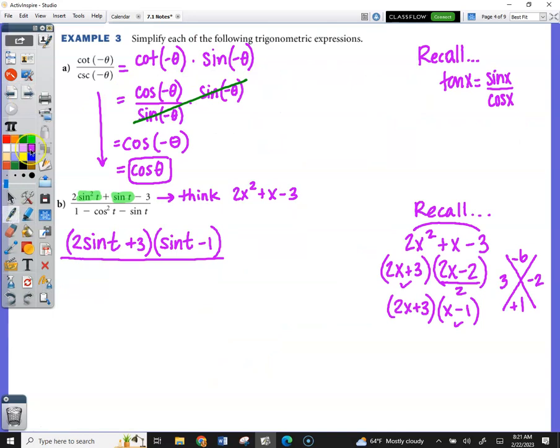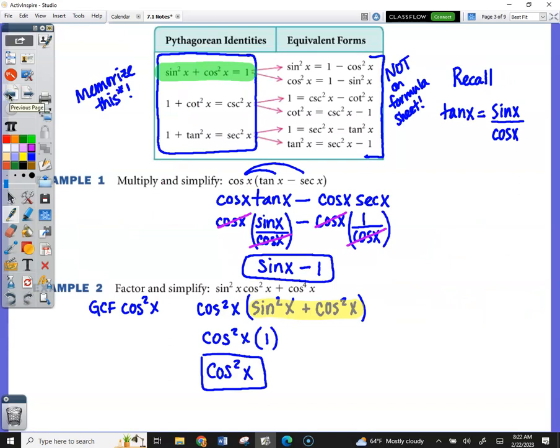So if you look at this and group it in your mind, 1 minus cosine squared, that's an expression. Going back over here, 1 minus cosine squared is the same thing as just sine squared. You see that? So I'm going to substitute.